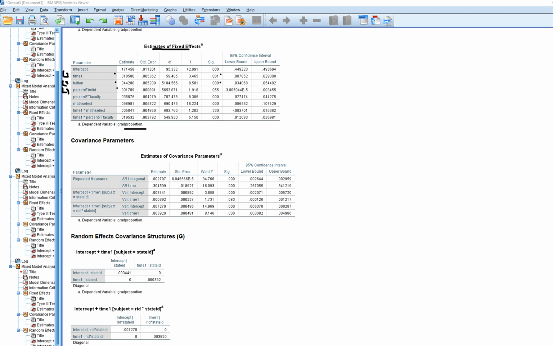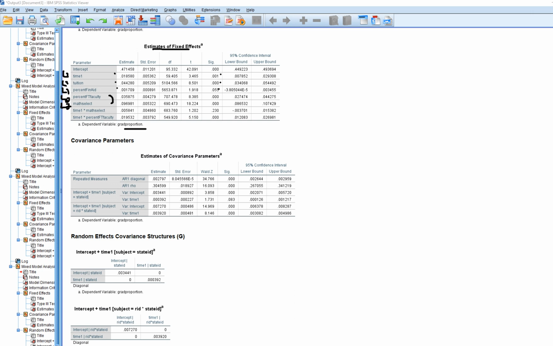So you can see right here, significant, kind of near significant at the 0.05 level. And then we've added in now the level 2 predictors. So right here, you've got the percentage of full-time faculty associated with the institutions, and also the selectivity of the institutions. So those are level 2 predictors. And these are essentially predicting the variation in the initial status in terms of grad proportion across the institutions.